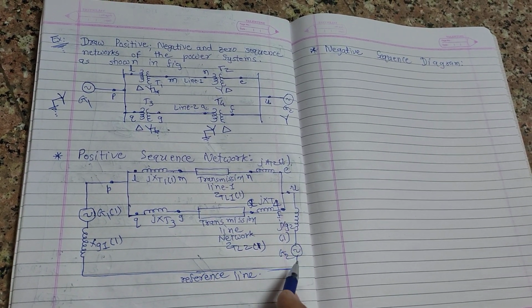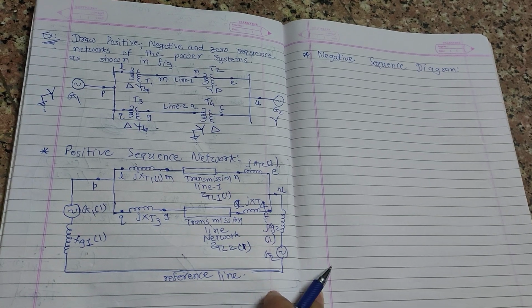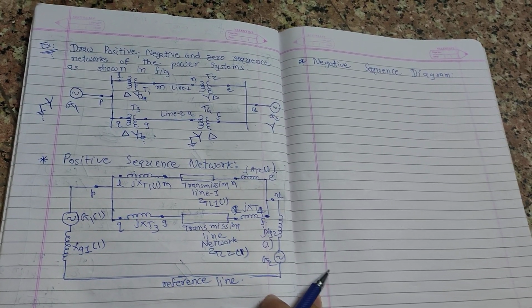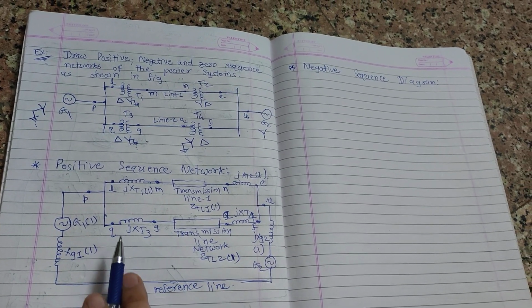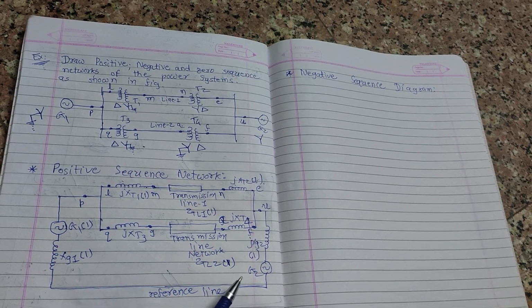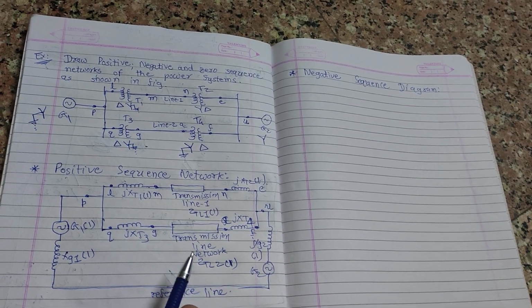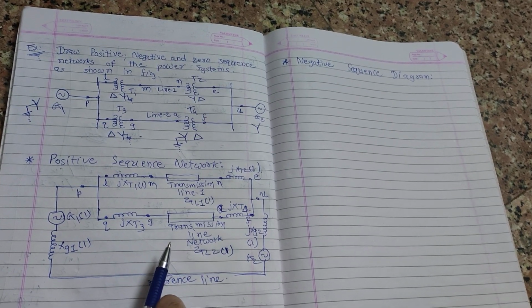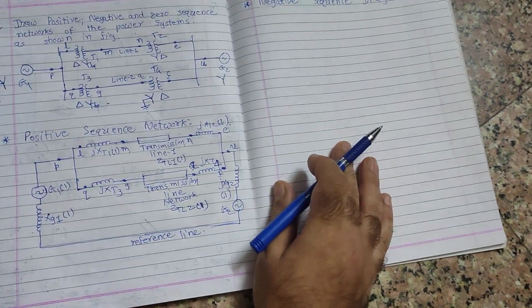These two generators G1 and G2 will be short circuited, because in the negative sequence network no generating element is considered. So we suppress G1 and G2 by short circuit, and if any current source is given, that will be considered open circuited, as compared to our positive sequence network. You can form this diagram very quickly.